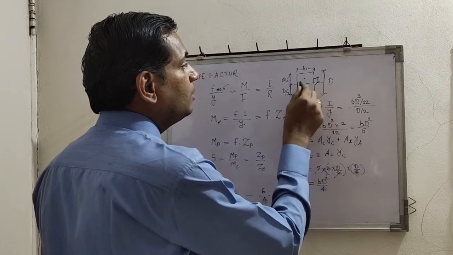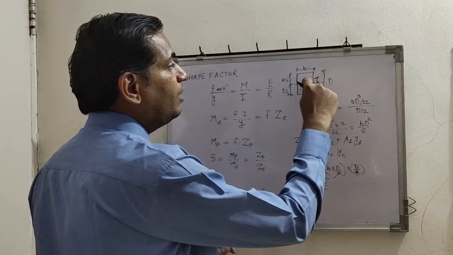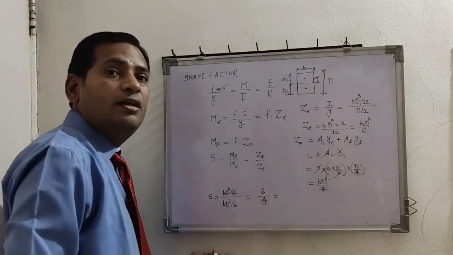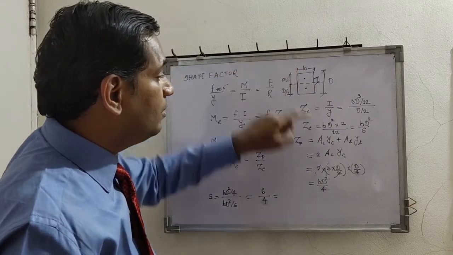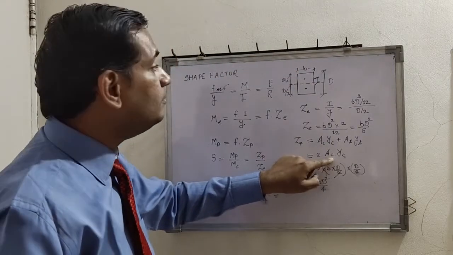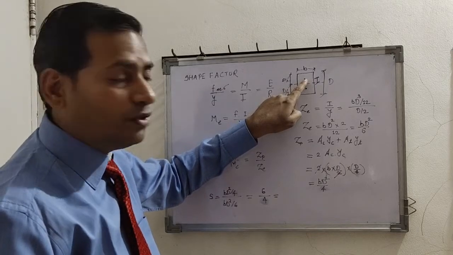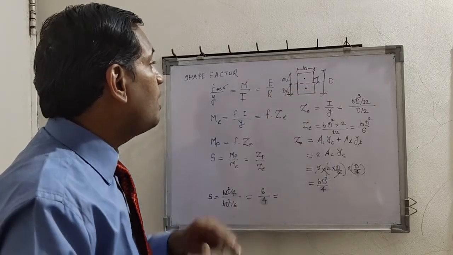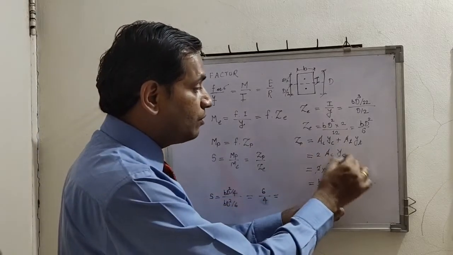This is a rectangle of depth D by 2, and the centroid of a rectangle is at half of the depth. Depth is D by 2 for the area in compression, so this centroidal point is located at a distance of half of D by 2, which is nothing but D by 4. So YC is D by 4.